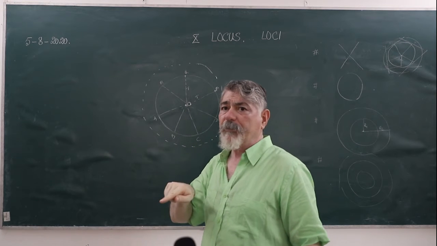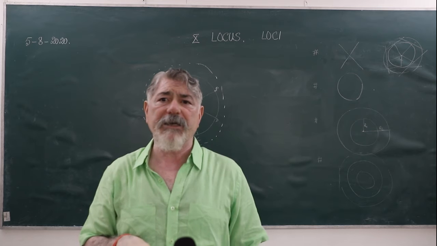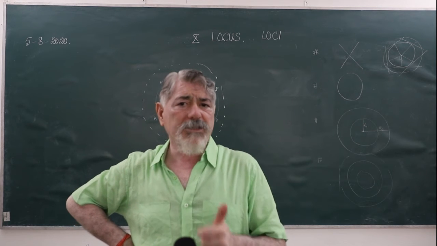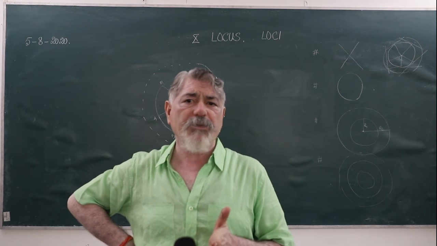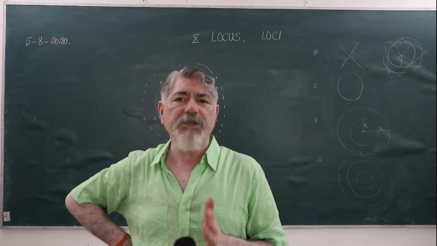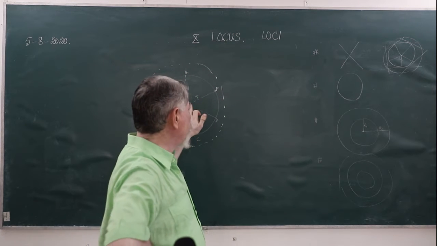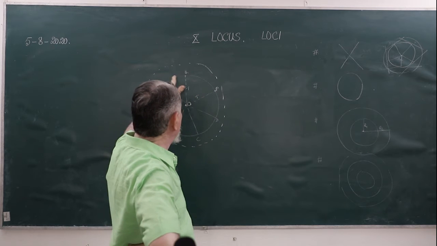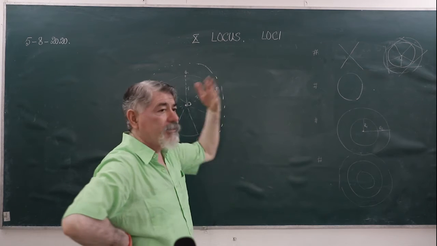So, the locus of a point which moves in such a manner that its distance always remains constant from a fixed point. Fixed point is called the center of the circle. Here, O is the center of the circle. These points P, Q, R, A, B, C, D are moving points.